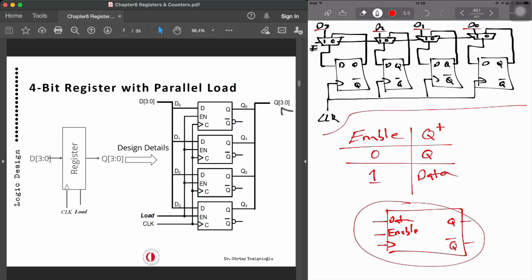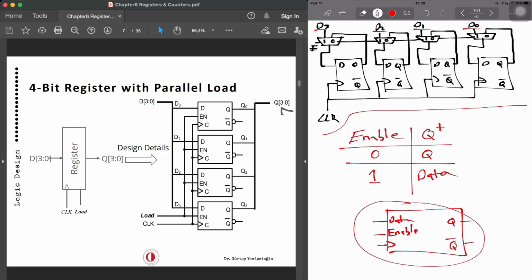Slide 7 shows that. This is a parallel load register with 4 bits. D3 to D0 represent inputs. Enable is the load. So when the load is activated, new data will be loaded. Otherwise, it will hold the previous data. And Q is represented 3 down to 0. And that's the symbol for it.